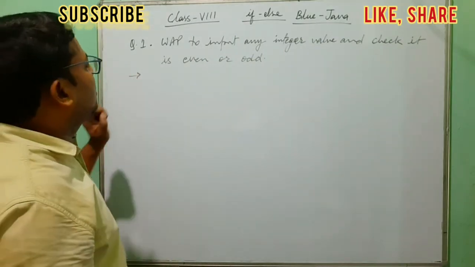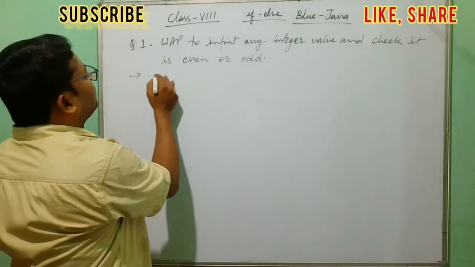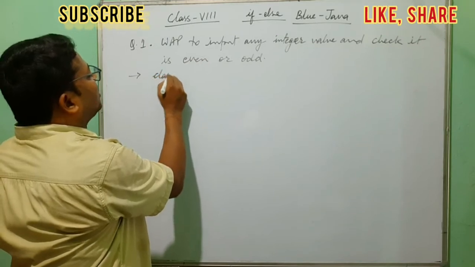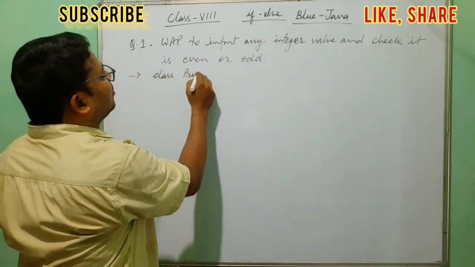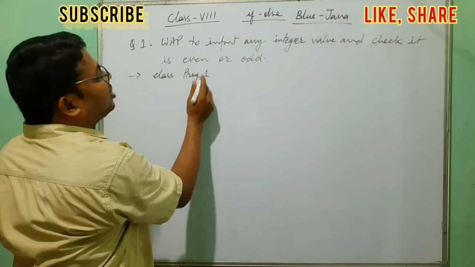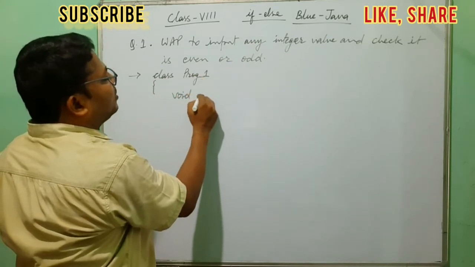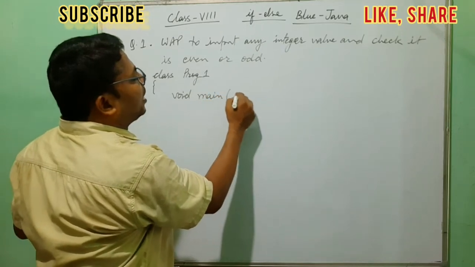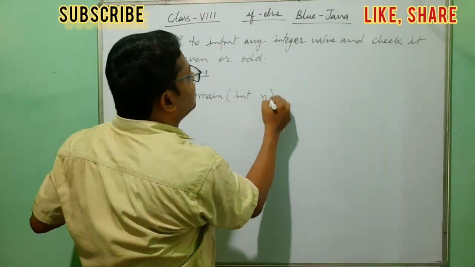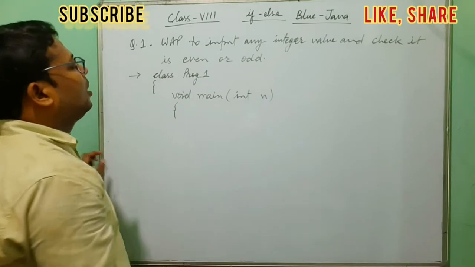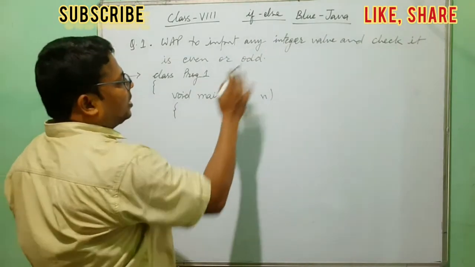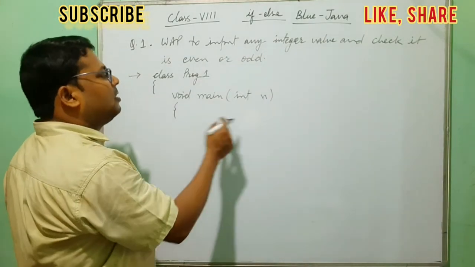So we will take input of any number. We write here class Program1 without space, void main, and here one integer type value, int n, we have taken. Now after taking that number, you can also display that the given number is this.